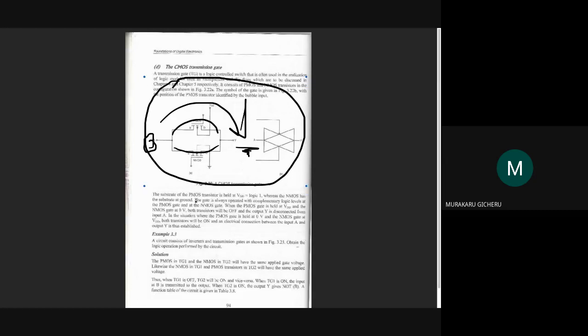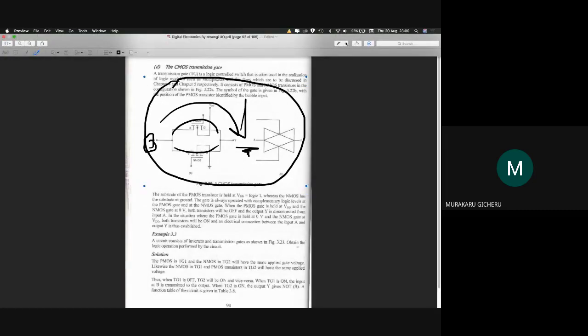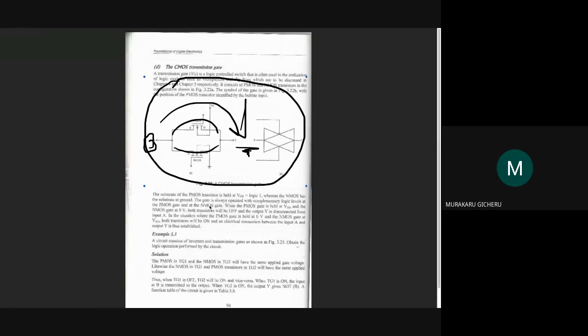Here, it says that the gate is always operated with complementary logic levels at the PMOS gate. So whenever there's a 0 here at PMOS, there's a 5 here at NMOS.